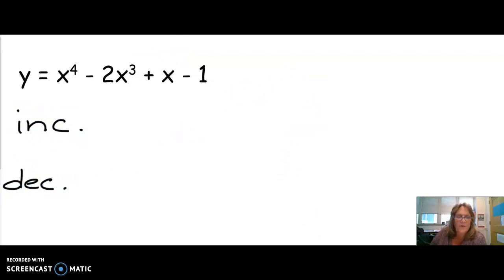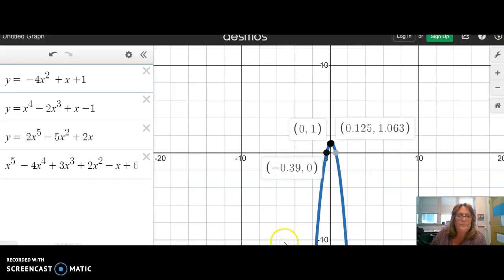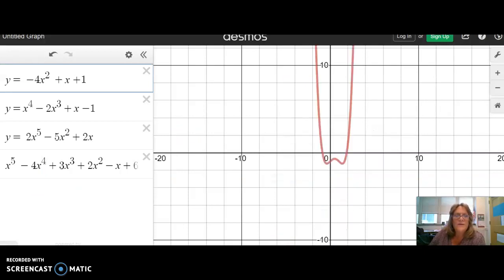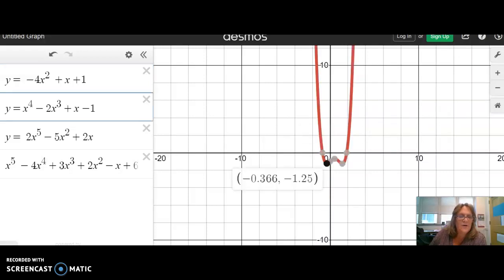All right, if we look at our graph, this one is decreasing until it gets down to here. Then it's going to increase, then decrease, and then increase again. So my first increasing part is from negative 0.366 to 0.5.